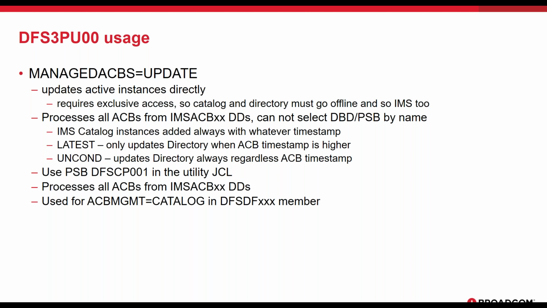But the first difference is that from the PROCLIB, it requires the ACBMGMT=CATALOG setting in the DFSDF member, which is the member you are using in the online system, for example, which is already using the IMS catalog.